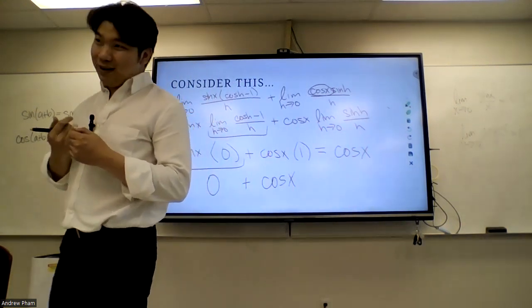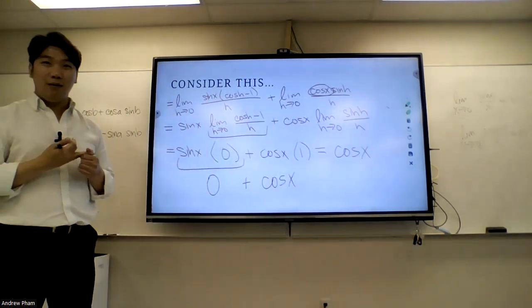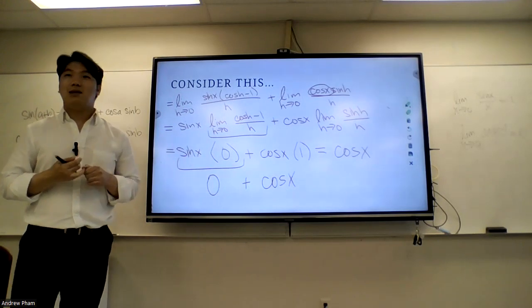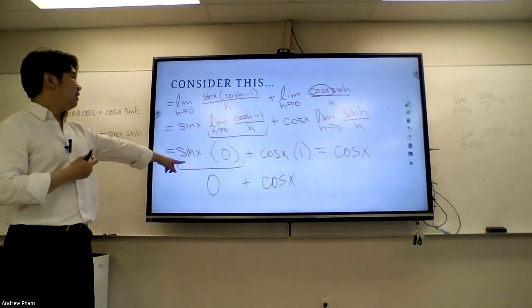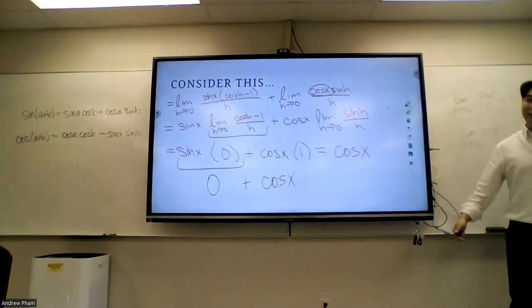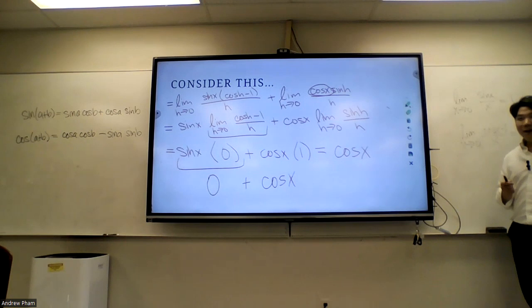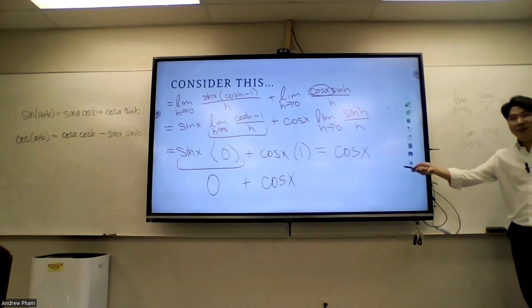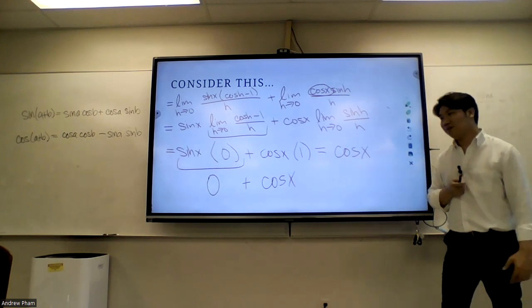So using some trigonometry and some algebra skills, we can actually see that the derivative of sine does turn out to be cosine. So a lot of work to go make this larger and then go back to another trig function.